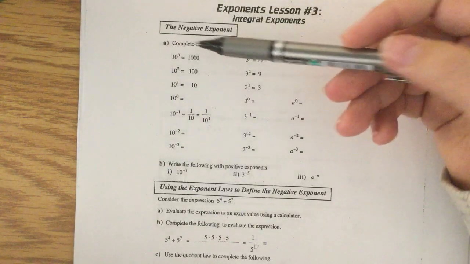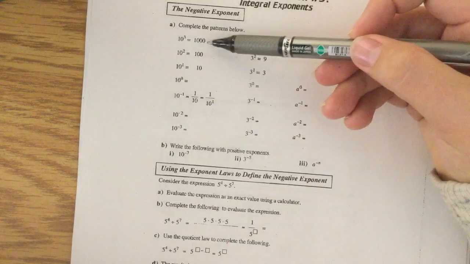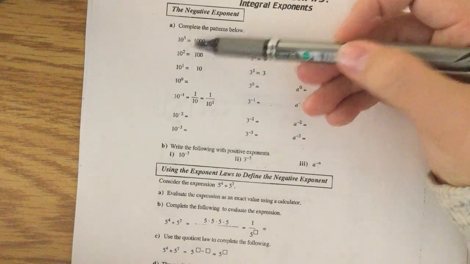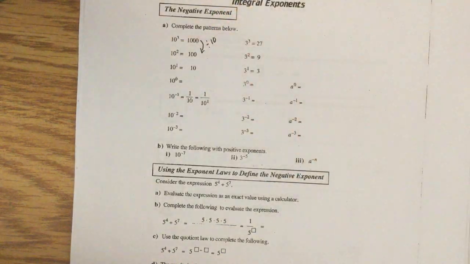If we start here, 10 cubed, or 10 to the 3, 10 times 10 times 10 is 1,000. Now when I go down an exponent, it actually results from dividing by 10. So instead of 3 factors of 10, I have 2 factors of 10, or 10 squared, 10 times 10, which is 100.